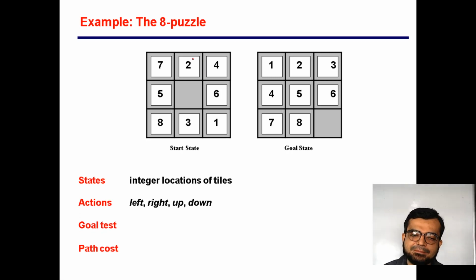Because it is a sliding puzzle, as I said, the other name is also sliding puzzle. Sliding puzzle means you can slide an empty tile with a numeric tile. Whenever you perform an action, you can move this empty tile either upward, downward, towards the left, or towards the right. In that way you can perform some actions here.